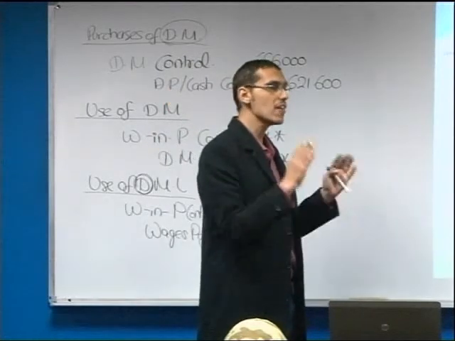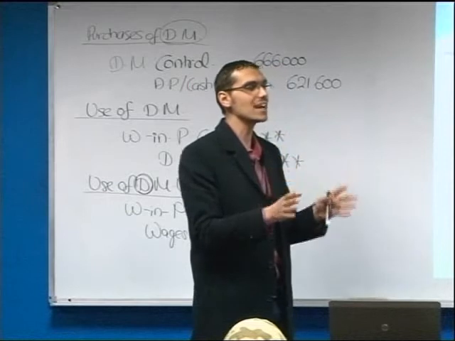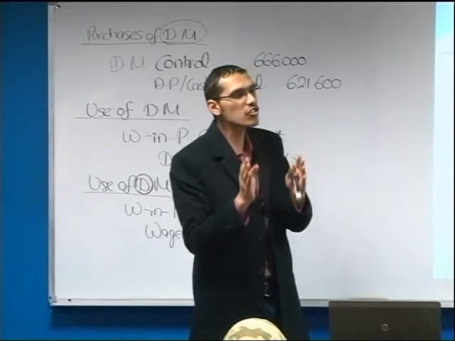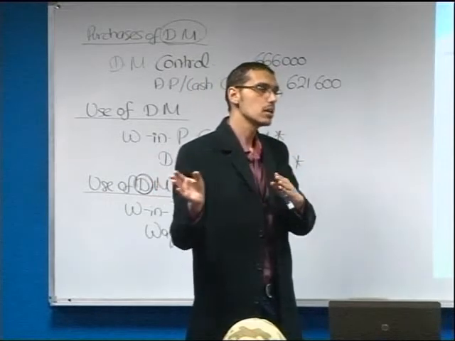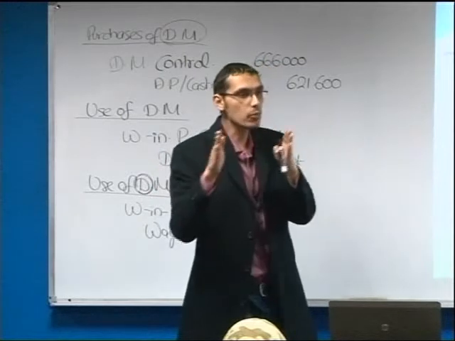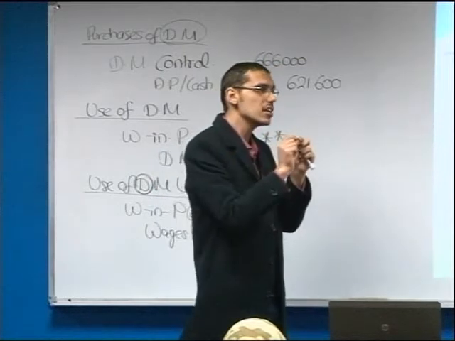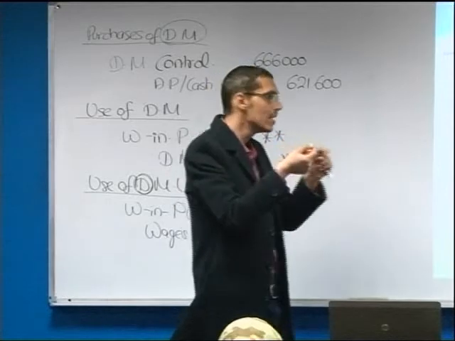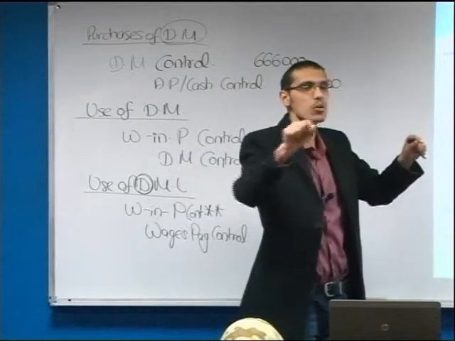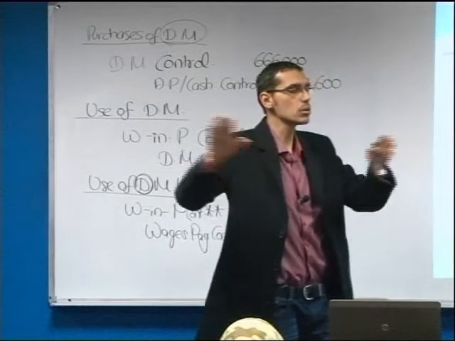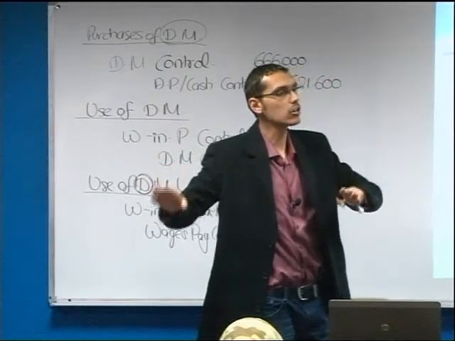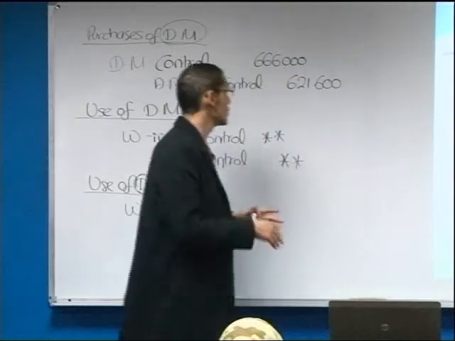Why? Because, as we said, favorable variances have an effect to increase net operating income. And in order to increase net operating income, we are going to treat these variances as if they were revenues. And of course, we all know that revenues have credit balances.